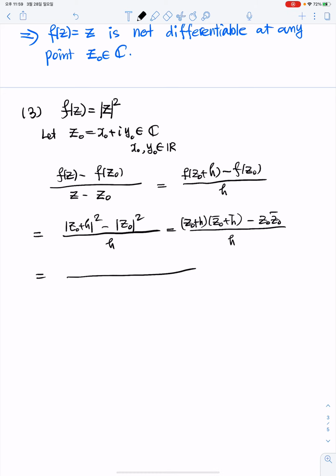Here z0 times z0 conjugate cancels with the subtracted term, and I have h z0 conjugate, plus z0 h conjugate, plus h h conjugate. That's what we have.